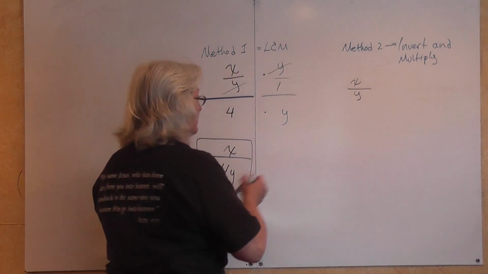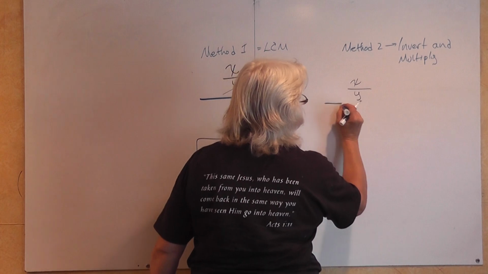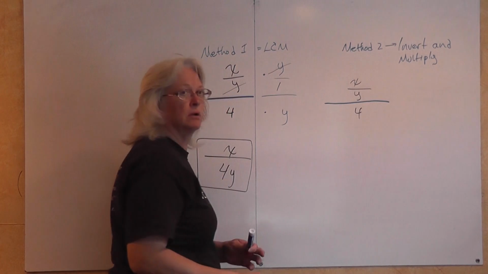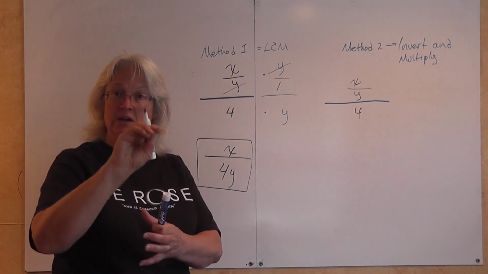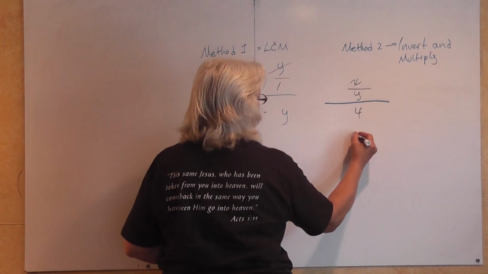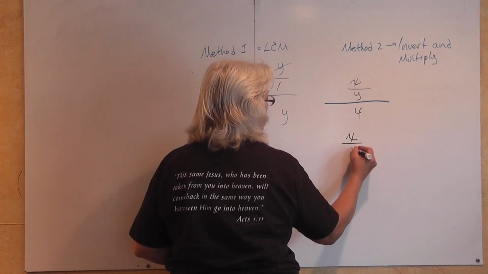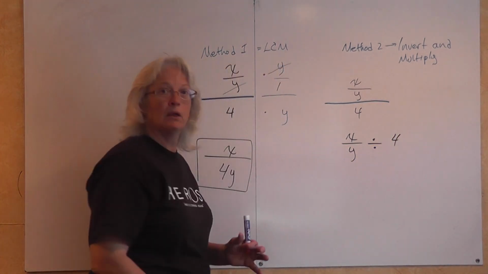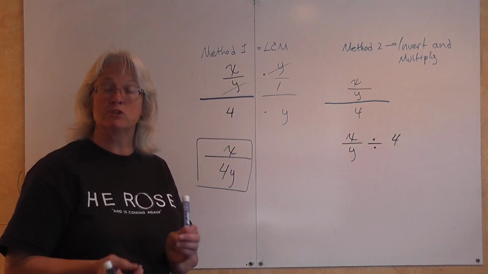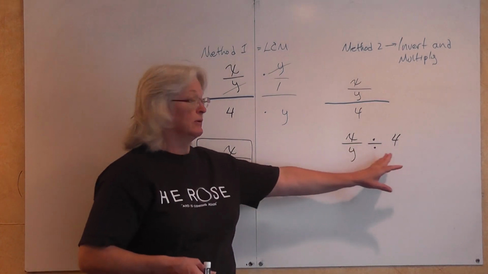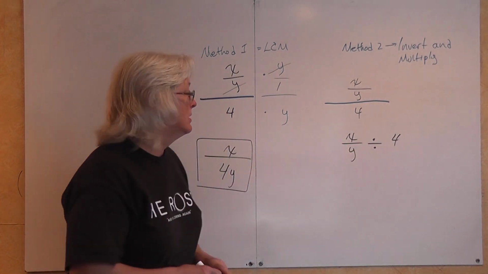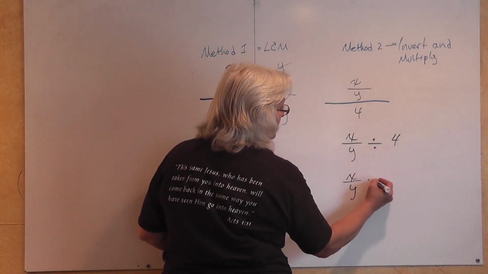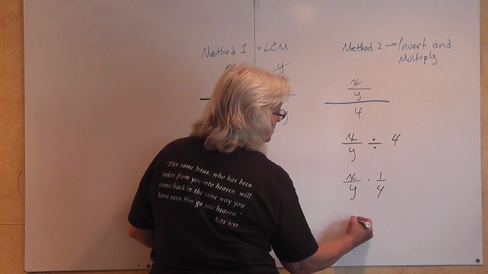I'm using this different color here to show my fraction bar. X over y divided by 4. Well, I'm going to go ahead and write that using the traditional division symbol when you're dealing with fractions. So you have x over y divided by 4. We know that when you're dividing rational expressions, you invert and multiply. So this becomes x over y times 1 over 4.